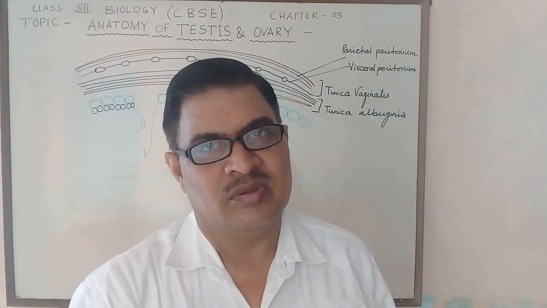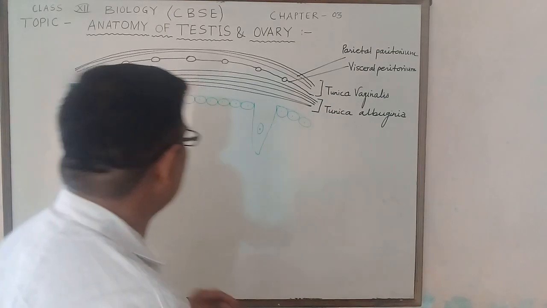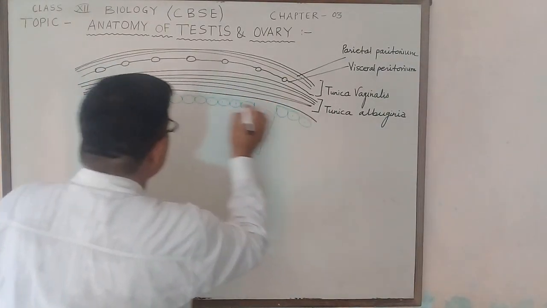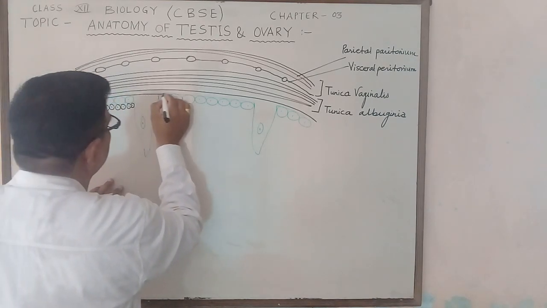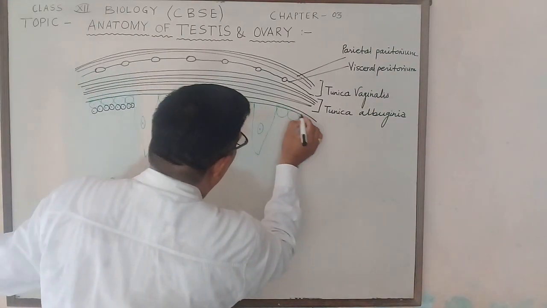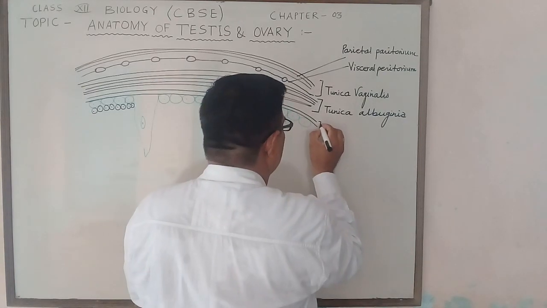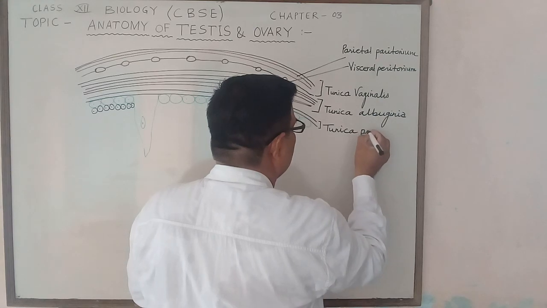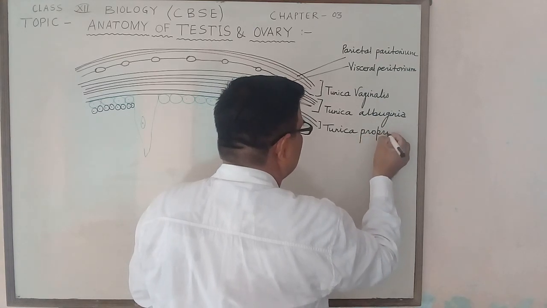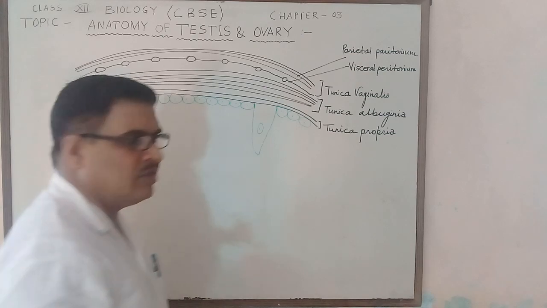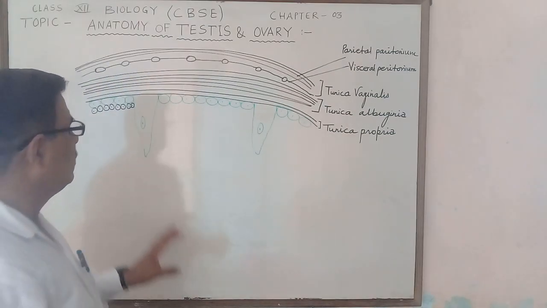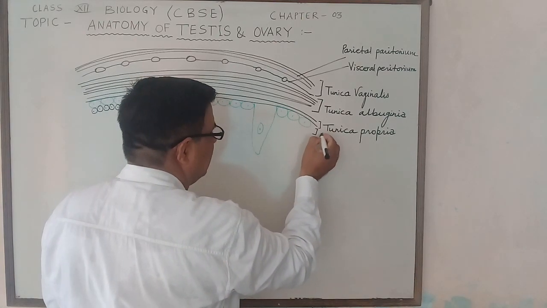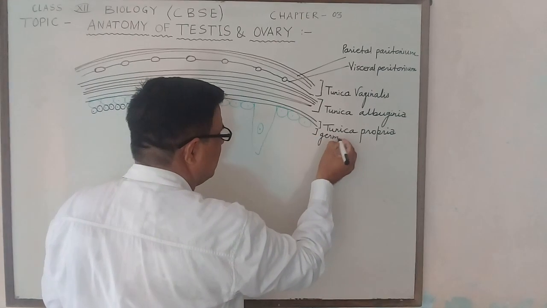The seminiferous tubule has the outermost tunica propria. Tunica propria is the outer layer of the seminiferous tubule, and after tunica propria, another layer is the germinal epithelium.